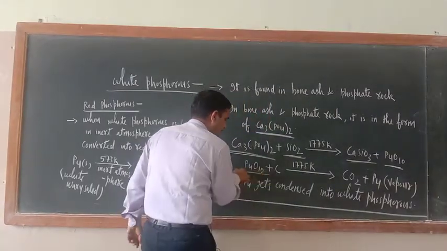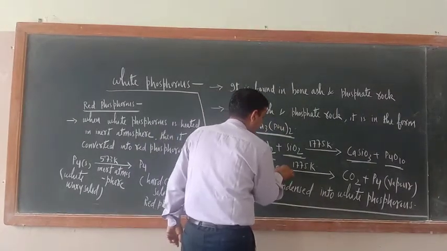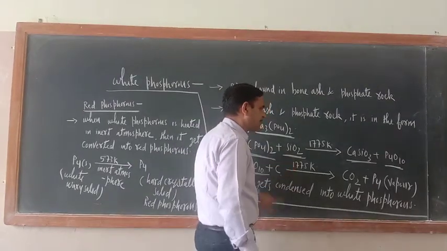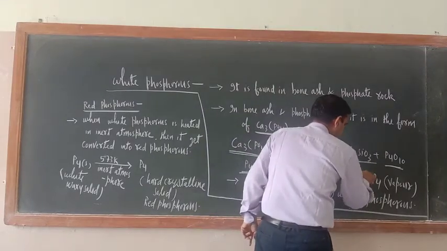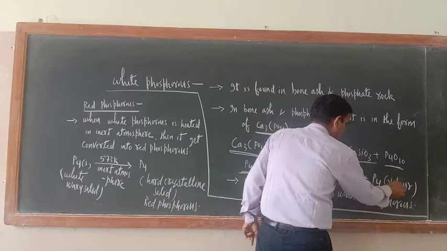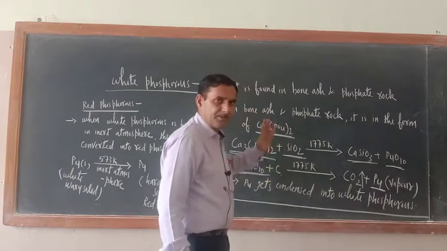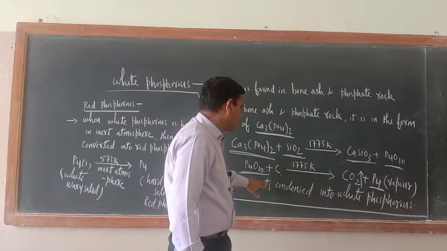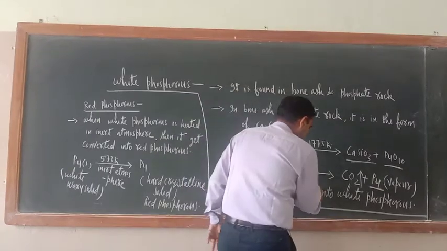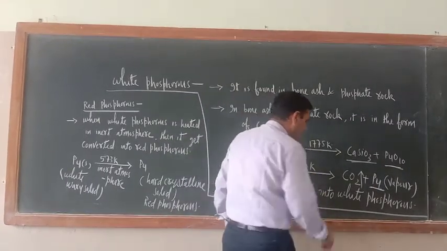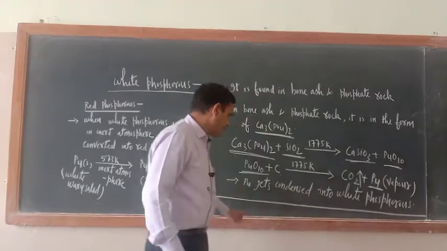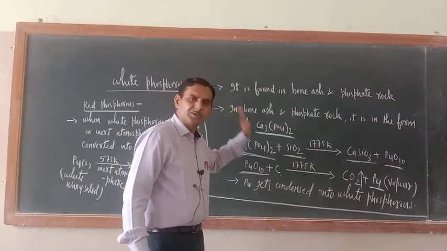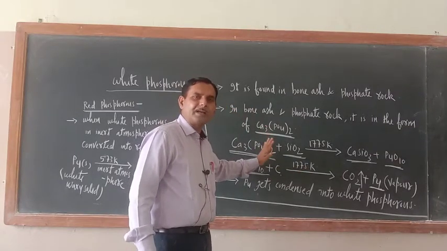This P4O10 reacts with carbon, coke, at the same temperature. Carbon monoxide gas forms, and phosphorus vapor is condensed back into white phosphorus. P4 gets condensed into white phosphorus. So this is the method of preparation of white phosphorus.